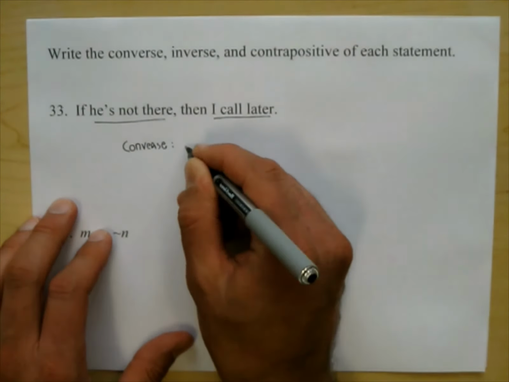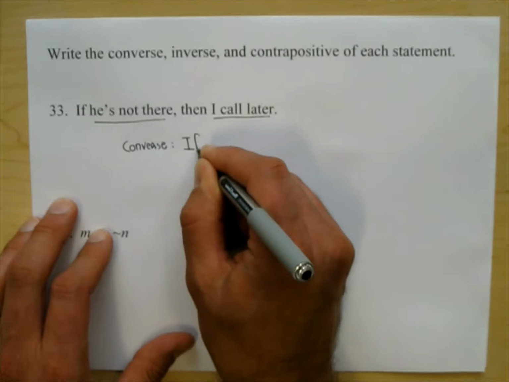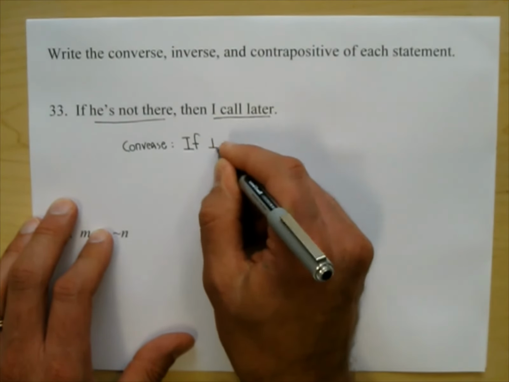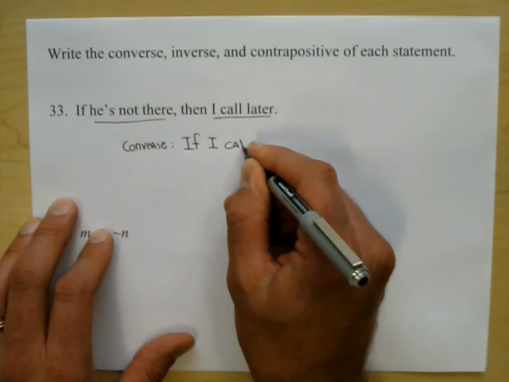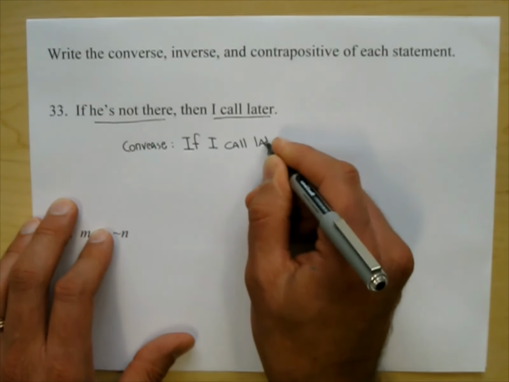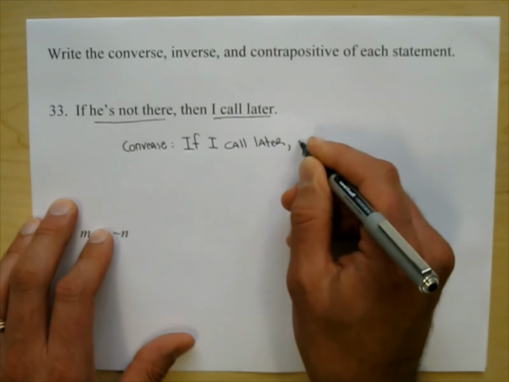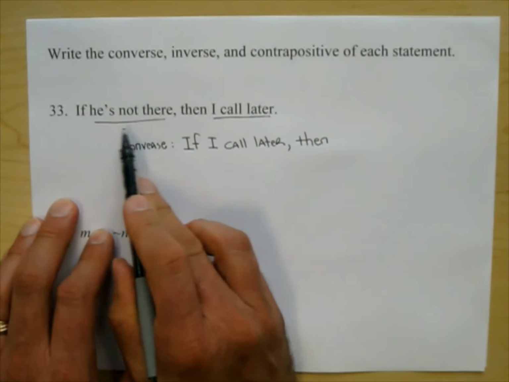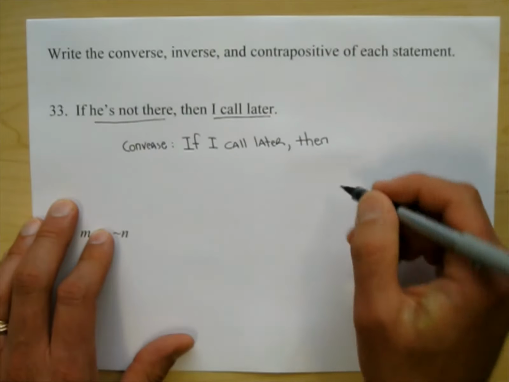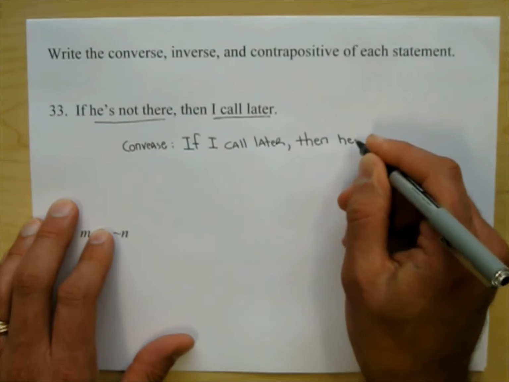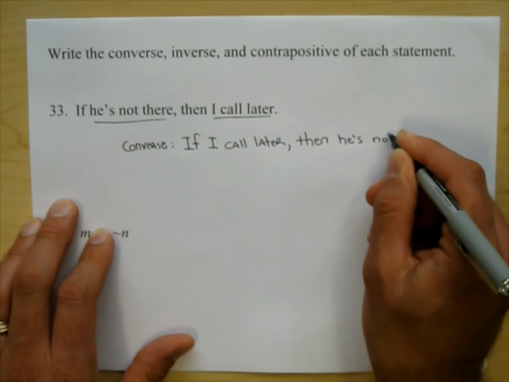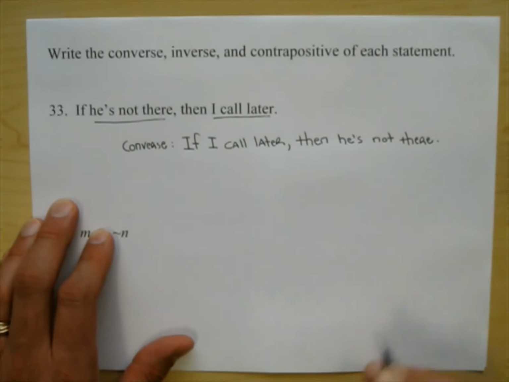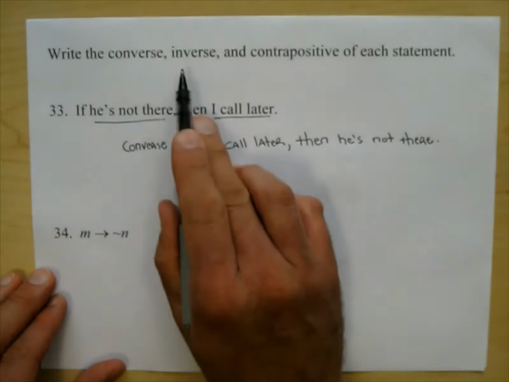The converse is going to say if, and then we swap them. If I call later, comma, then, and then we go ahead and put this one. He's not there. Okay, inverse.